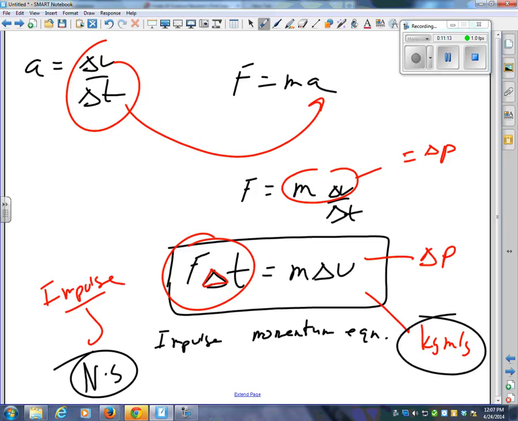So the mav part is measured in kilogram meters per second, and the impulse part is measured in Newton seconds.